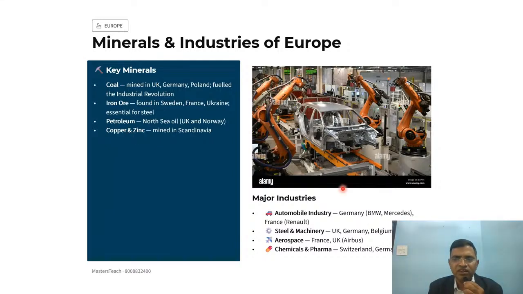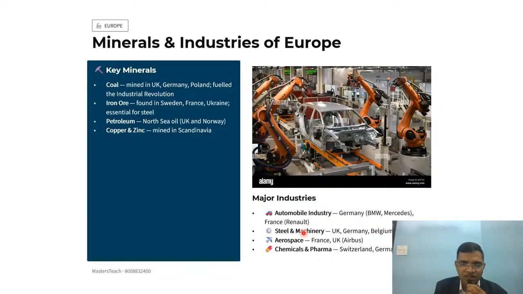Then what are the major industries in Europe? We have automobiles, with famous companies like BMW, Mercedes-Benz, and France's Renault. These are famous companies worldwide.